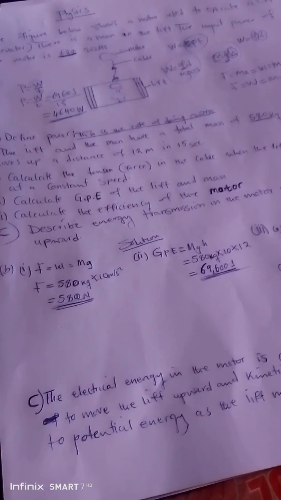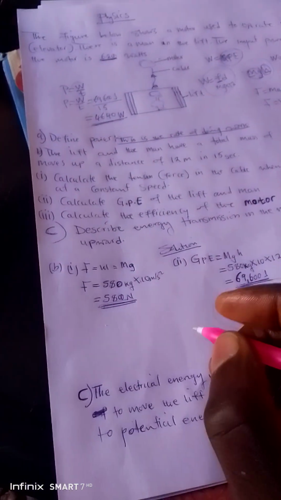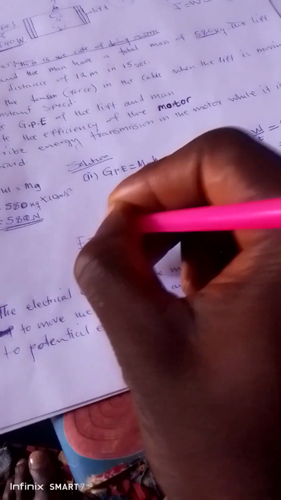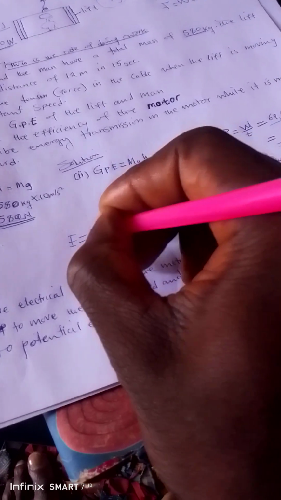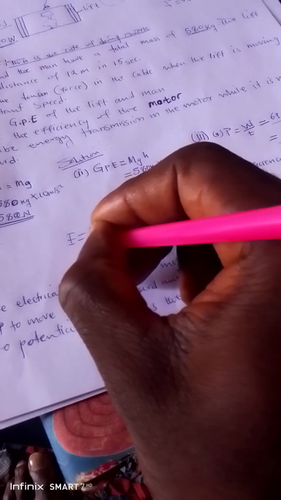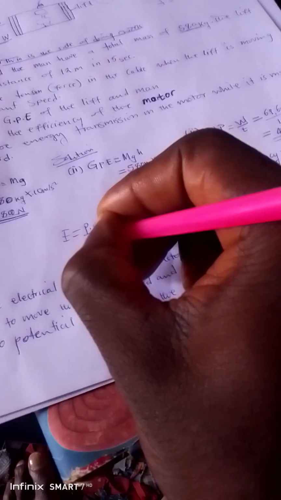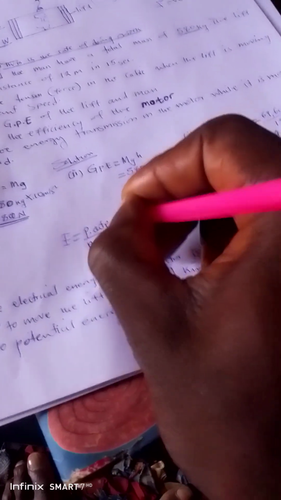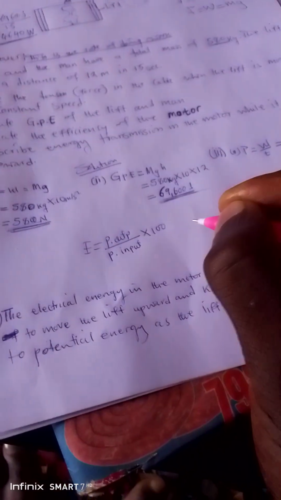Therefore, we can easily calculate the efficiency, whereby you are going to say efficiency is equal to power output, the power that was used, divided by power input, then multiplied by 100%.